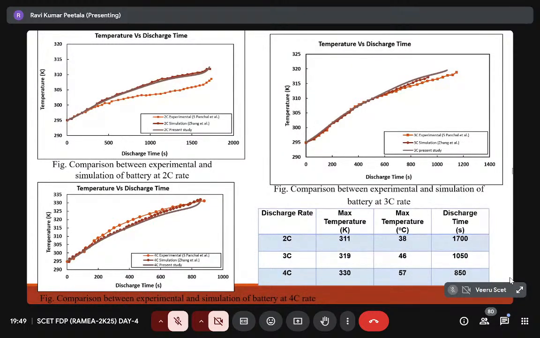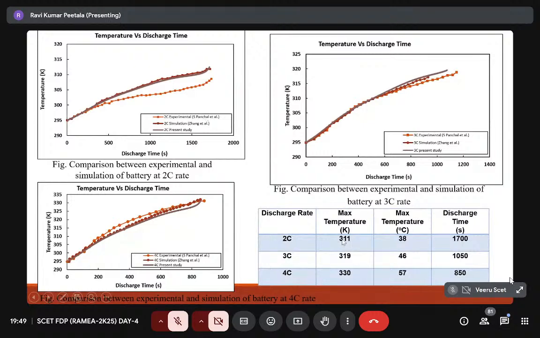It is well agreed. With respect to time, this shows how the temperatures vary for the various C rates. We can observe the maximum temperature is within the limit, which is 310 Kelvin, almost 35 or 40 degrees centigrade.